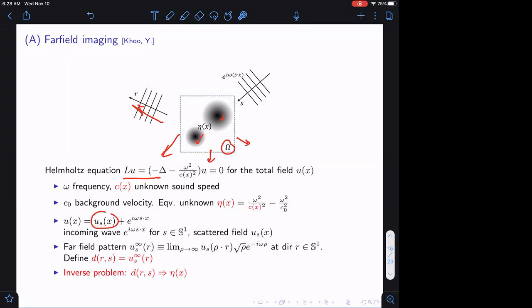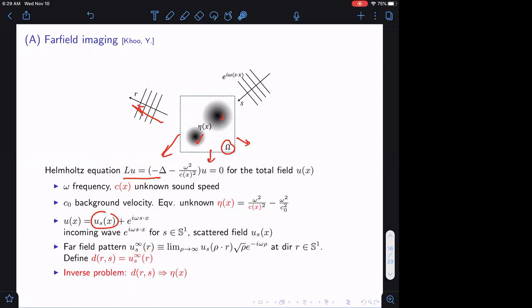Now, the scattered field: how do I collect the boundary measurement? In this setting, the boundary measurement is typically assumed to be collected at a very far distance. So you have some scatterers over there, here, and here. What you record is actually not the scattered field itself, but a scaled and modulated version of it, called the far-field pattern. The reason we use the far-field pattern is that it's a little bit nicer, because it's an order one quantity.